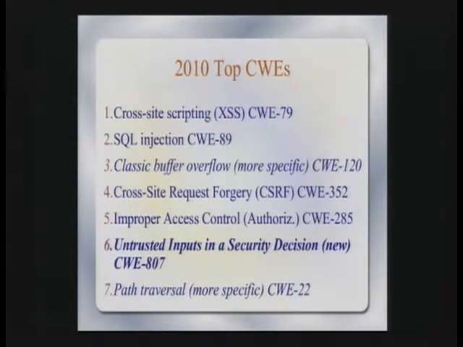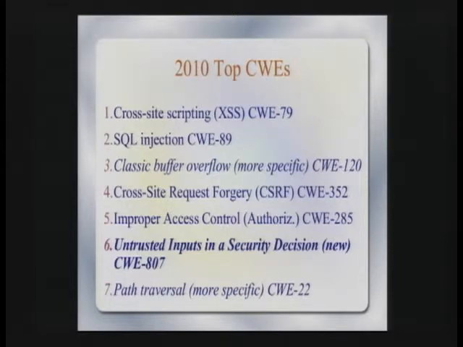SQL injection, when attackers can add extra commands when commands are sent to a database. Classic buffer overflow, that's more specific than what we had last year. Cross-site request forgery, I mentioned it earlier, that's also a web flaw.